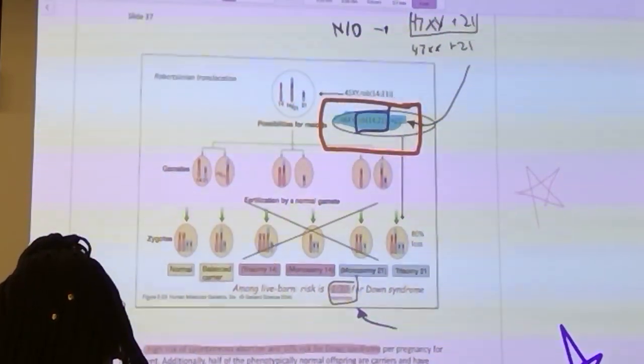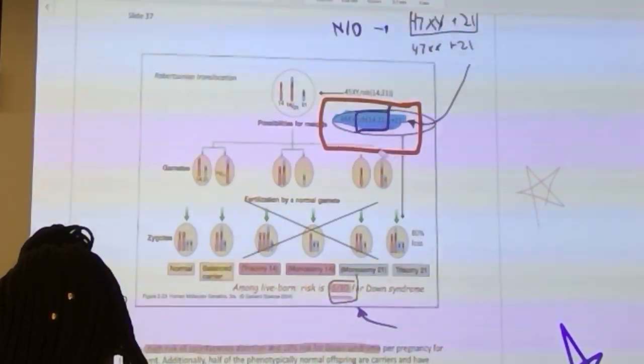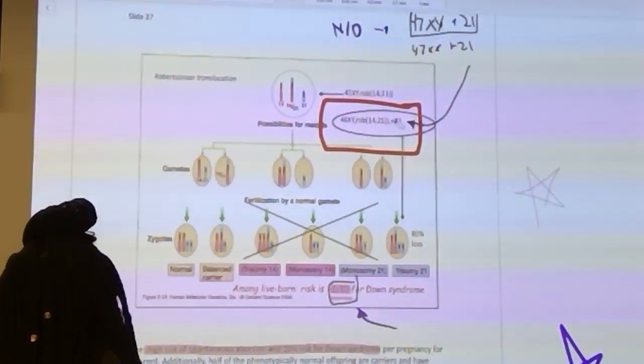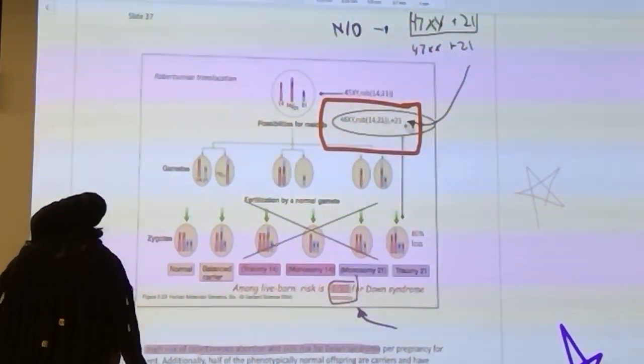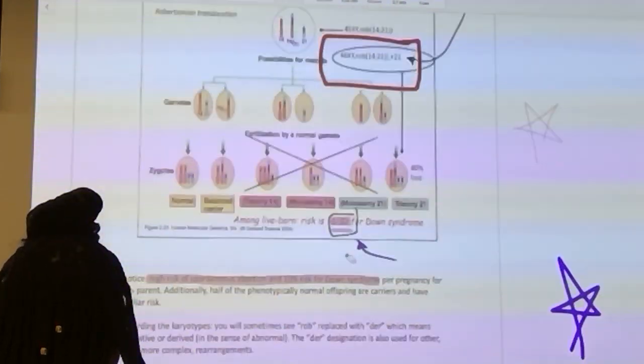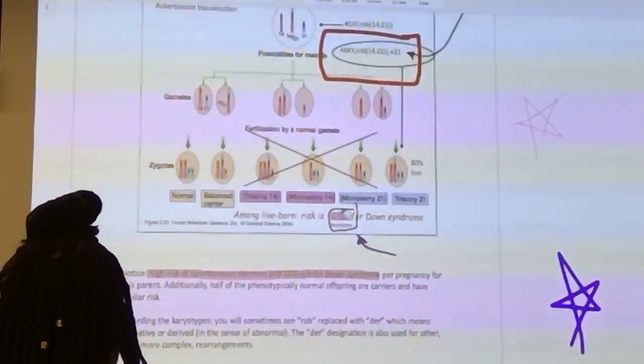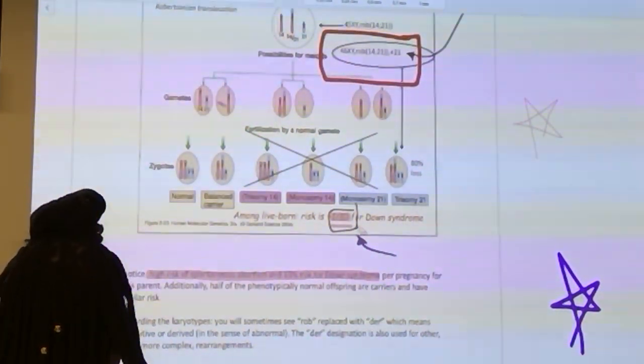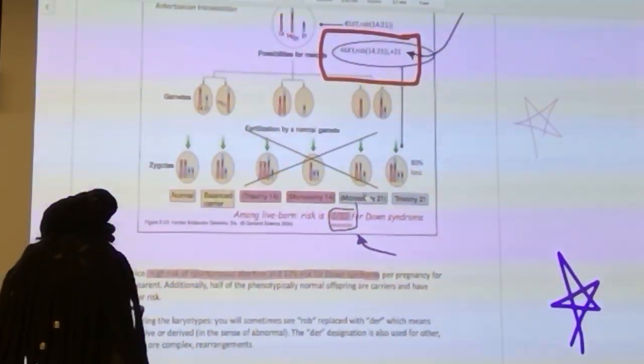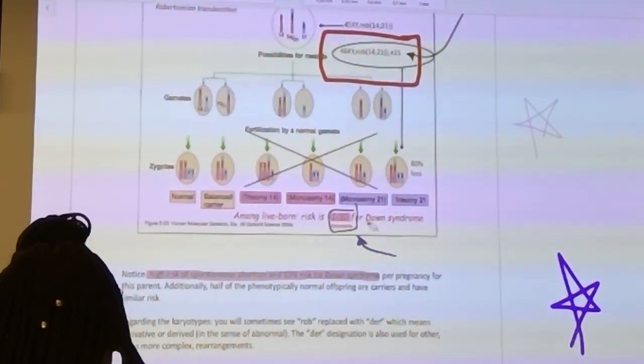And then for the Robertsonian translocation, the other way to get Down syndrome, just remember this stereotype. And just know that there's no 10% for getting Down syndrome when they have a Robertsonian translocation.